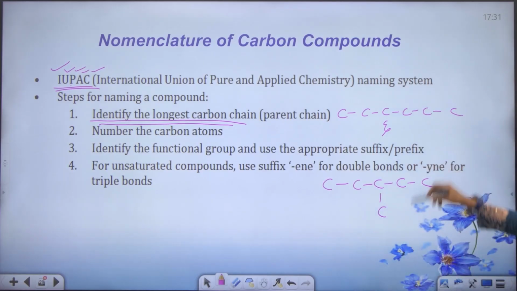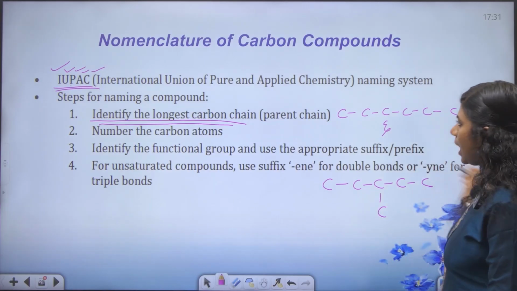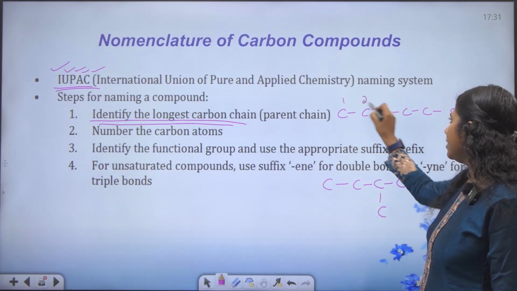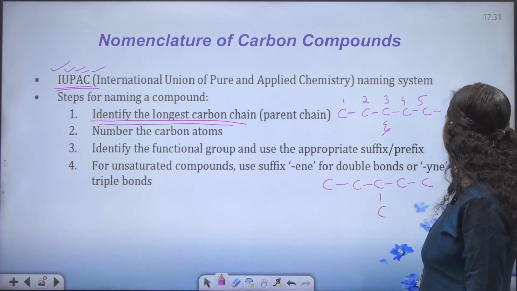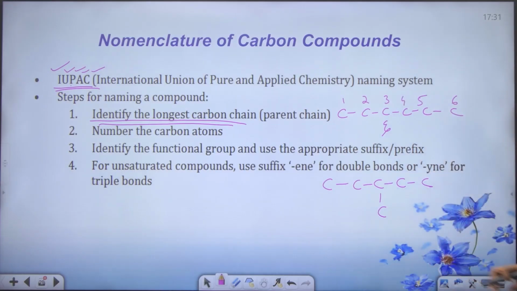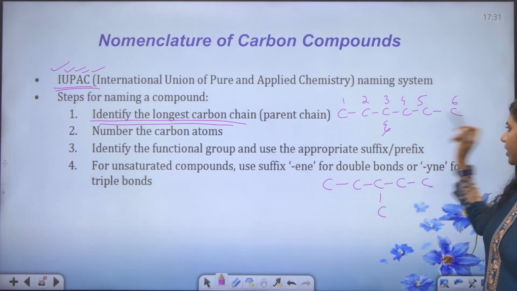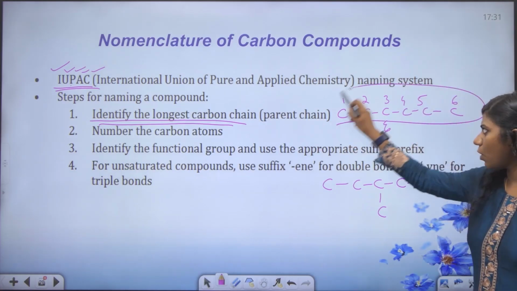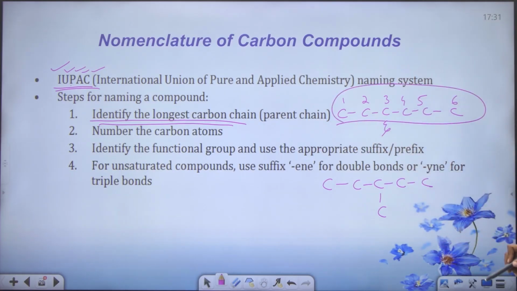In both cases, the total number of carbon atoms is 6. The first step is to identify the longest carbon chain. Here, 6 carbon atoms are arranged in a chain. This is the longest carbon chain, containing 6 carbon atoms.